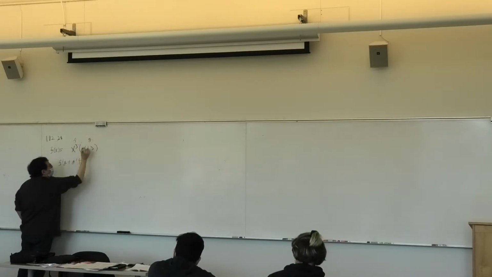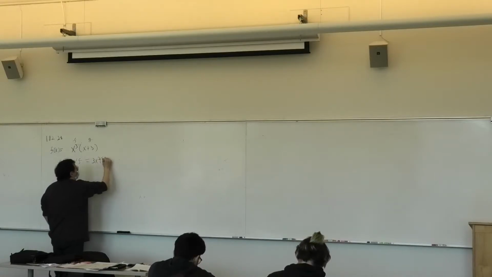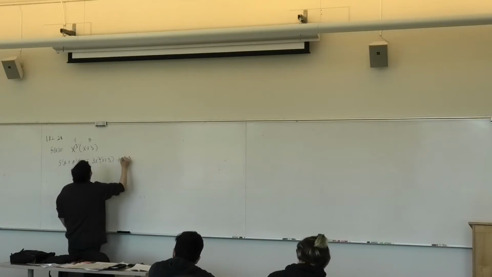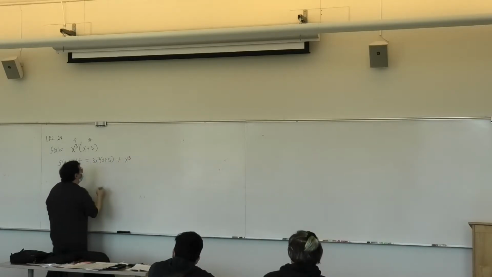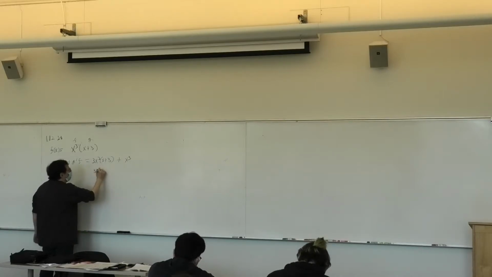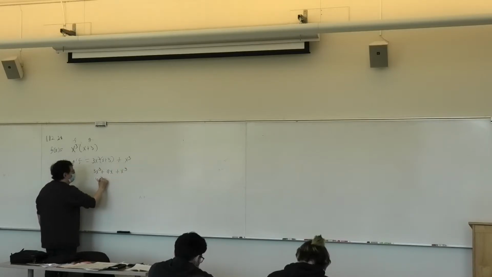This is F and this is G. So 3x squared times x plus 3 plus x cubed times, oh, it's just 1. And we get 3x cubed plus 9x plus x cubed, or 4x cubed plus 9x.